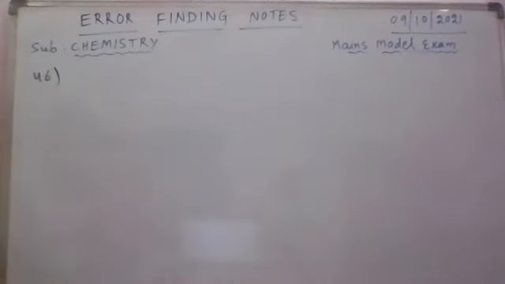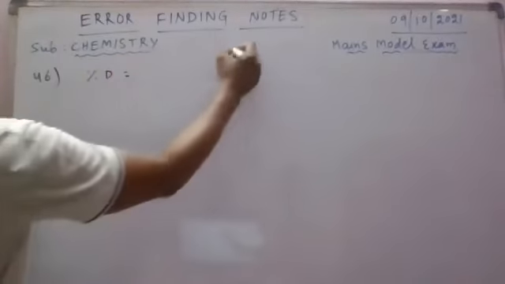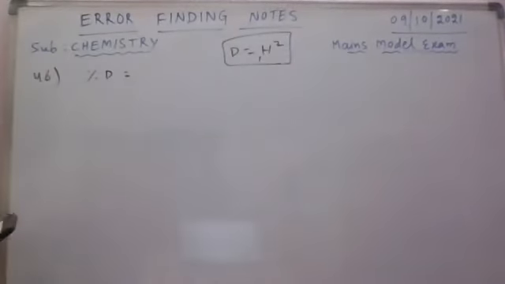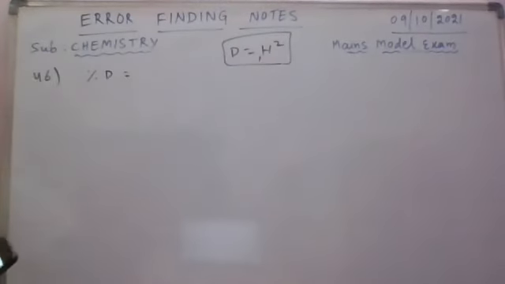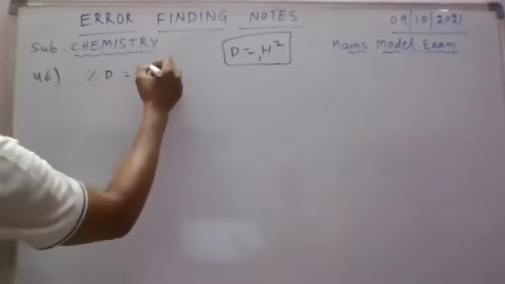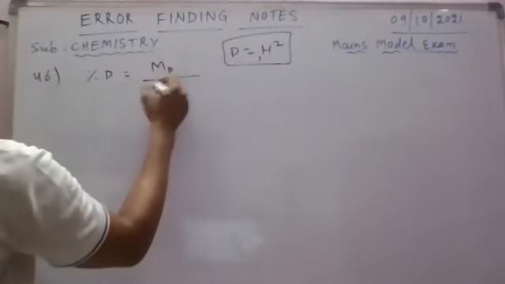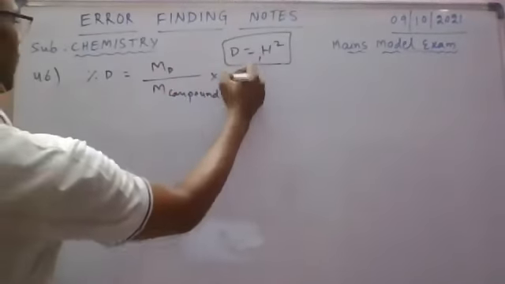Question number 46. Here the percent weight of deuterium. Deuterium is hydrogen 1 2, H12, so the atomic mass is 2. Percentage of deuterium is equal to mass of deuterium by mass of compound into 100.